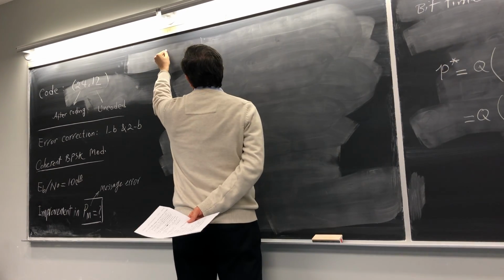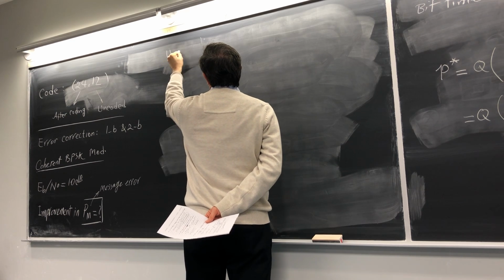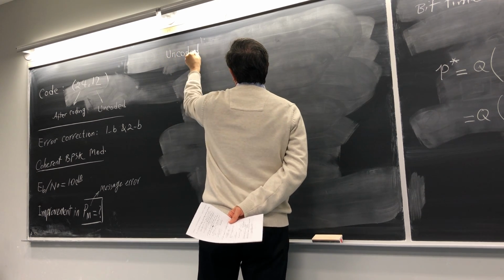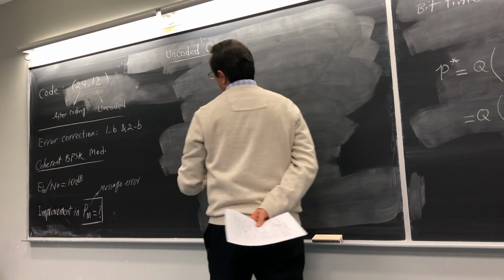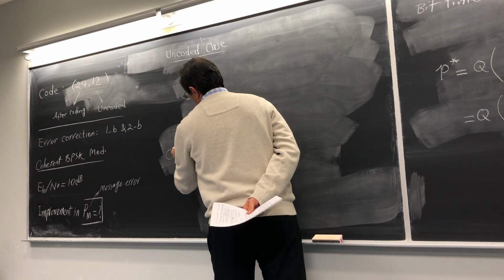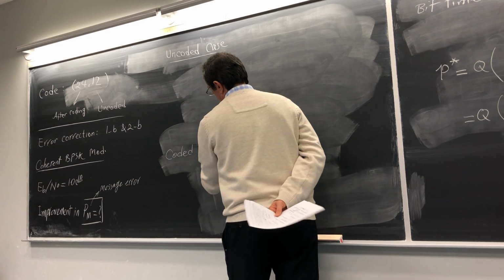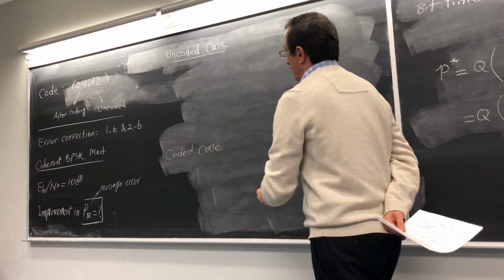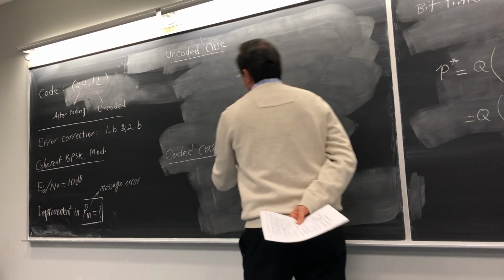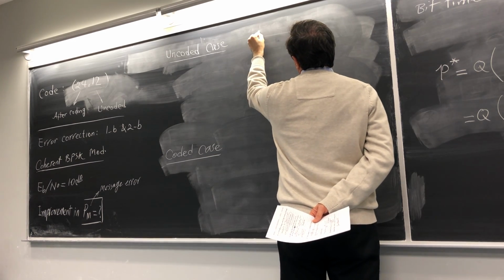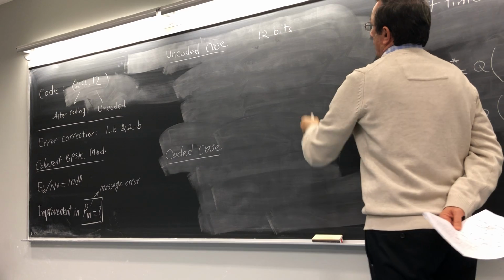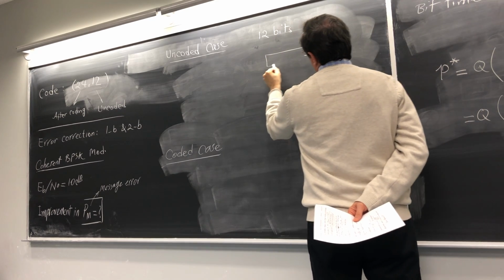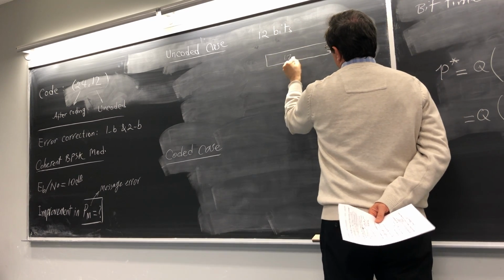So we have the uncoded case, and we have the coded case. Before coding, we have 12 bits, or let's say a data word of 12 bits.